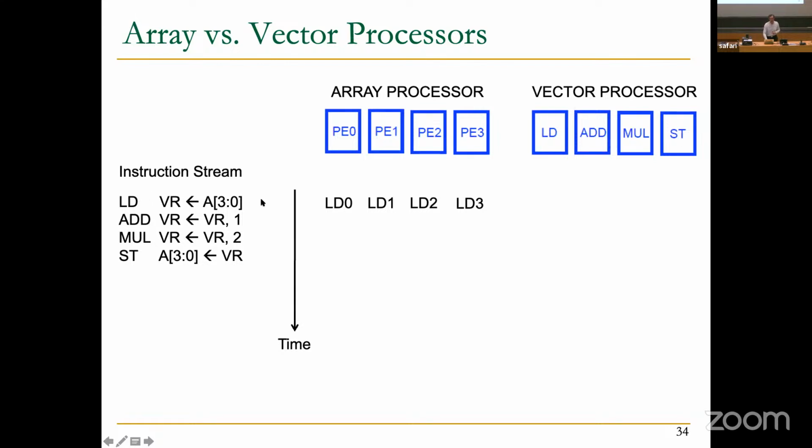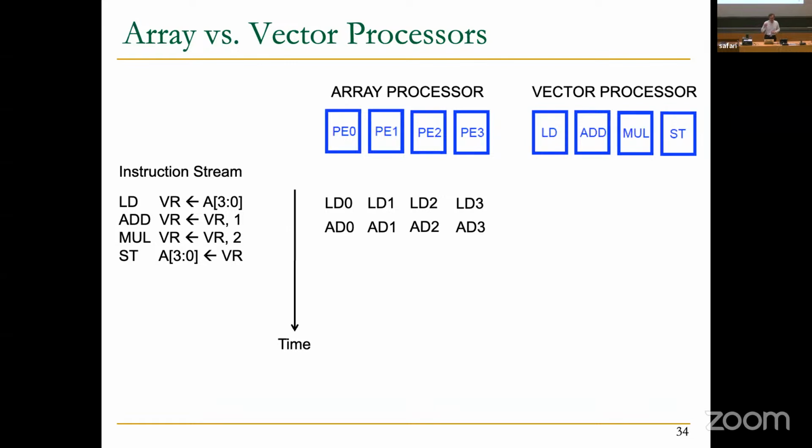Now, what does this mean? We're basically loading element 0 from memory into vector register 0th element in this processing element. Element 1 from memory into vector register element 1 in this processing element. And then element 2 here and element 3 here. Okay, concurrently. Now it looks beautiful. And we're done with the instruction because we have parallelism, right?